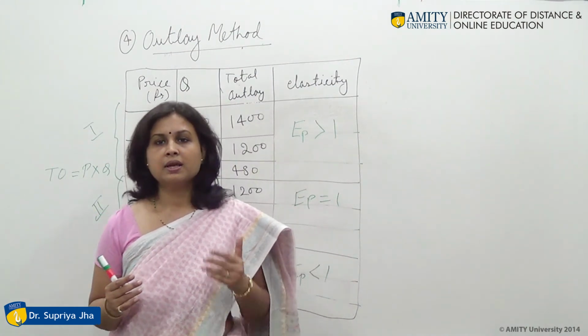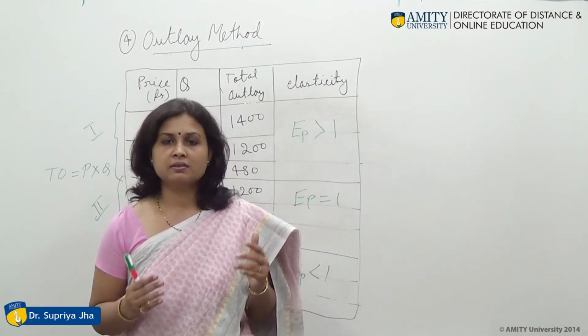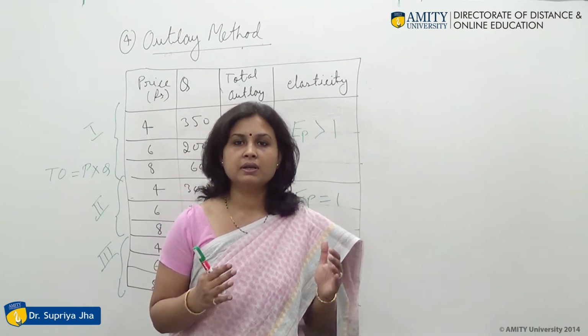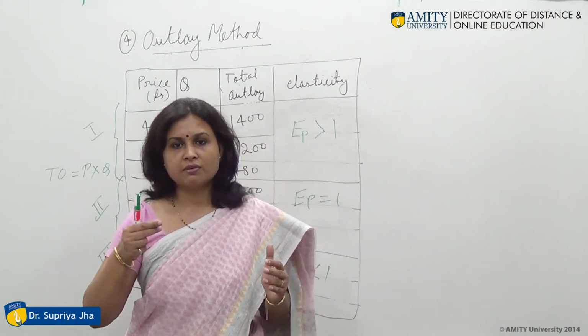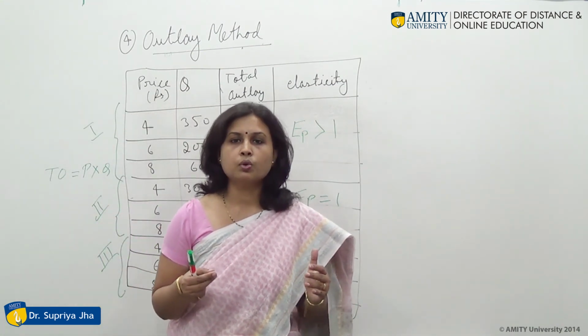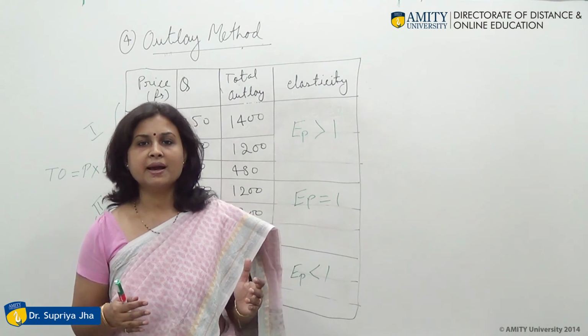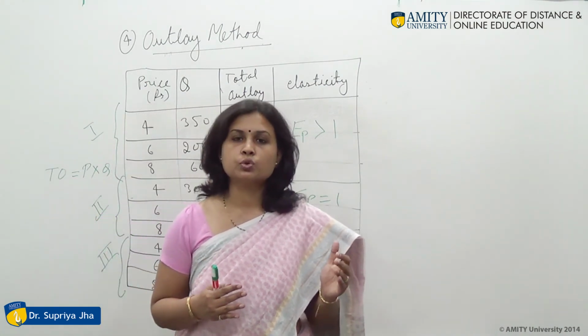This is the arc method. The third method is the geometric method, in which we are taking the demand curve. At different points on the demand curve, the elasticity of demand can be calculated by the formula EP is equal to the lower segment of the demand curve divided by the upper segment of the demand curve. And the last one is the total outlay method.